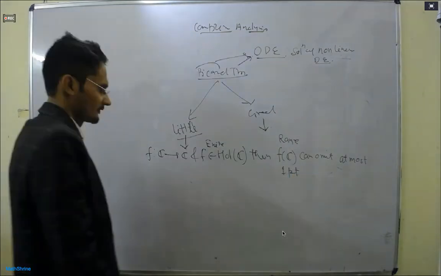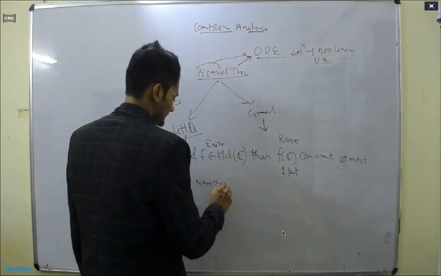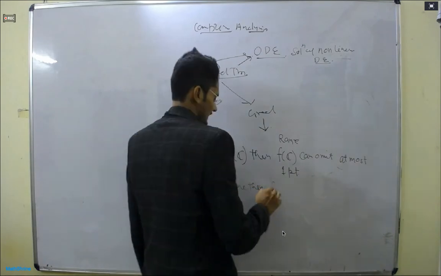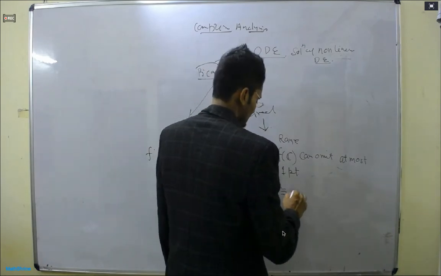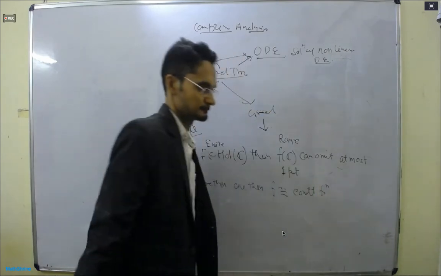If it omits more than one, then f is equal to the constant function.